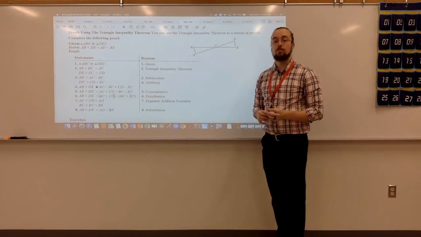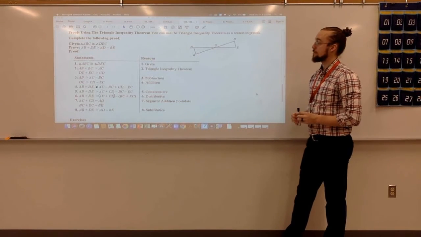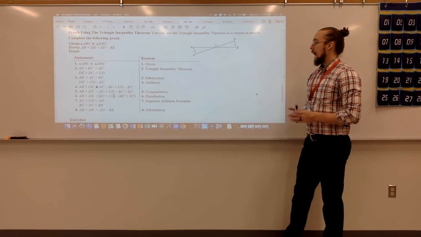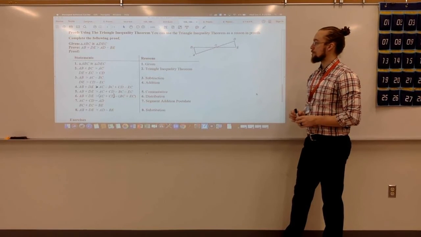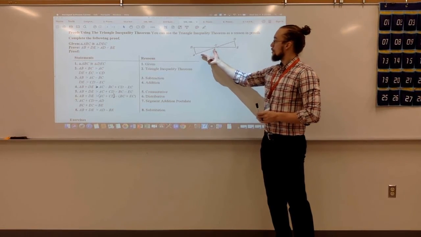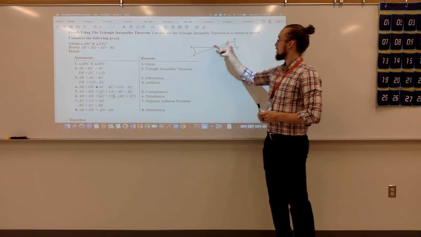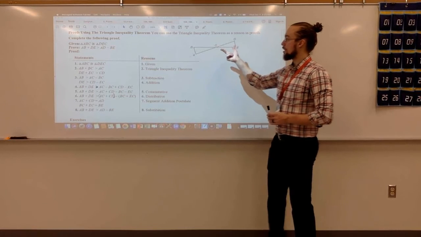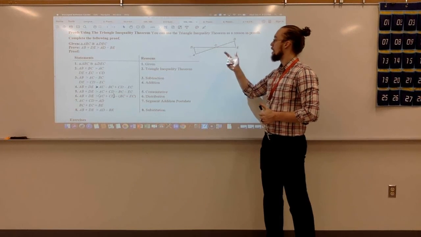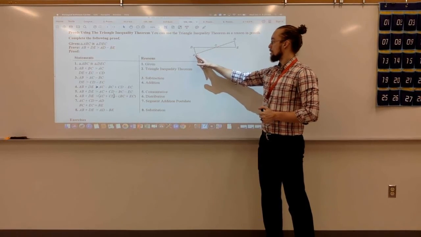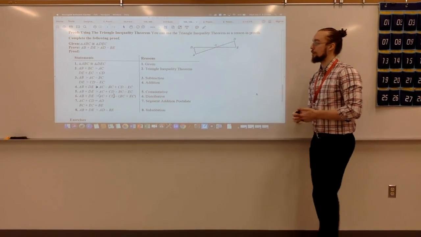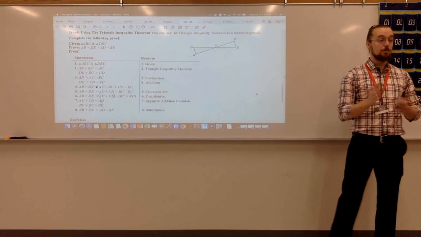What way would you do it? You don't have to go through all of it, but what would you show? I probably would have just gone with, we know that AC and CD are congruent and BC and CE are congruent. So if we subtract those two, we would get 0.